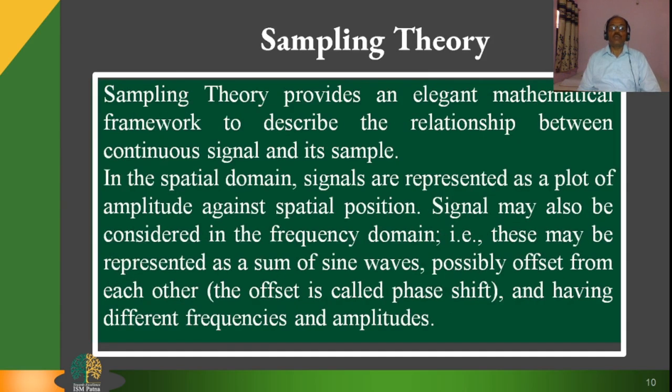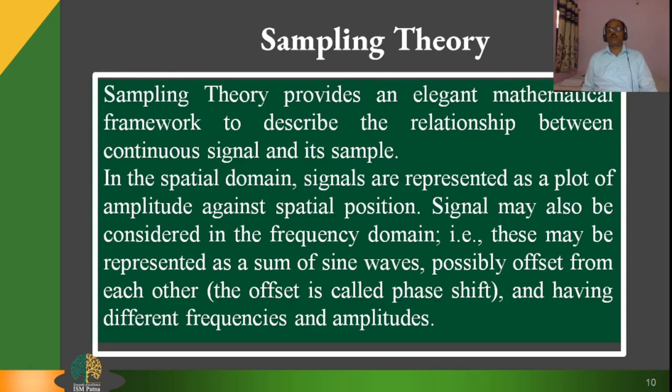We use some theory, termed sampling theory. Sampling theory provides an elegant mathematical framework to describe the relationship between a continuous signal and its samples. In the spatial domain, signals are represented as a plot of amplitude against spatial positions. A signal may also be considered in the frequency domain, that is, it may be represented as a sum of sine waves, possibly offset from each other.